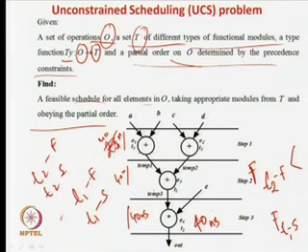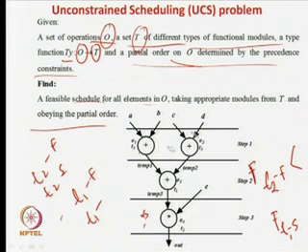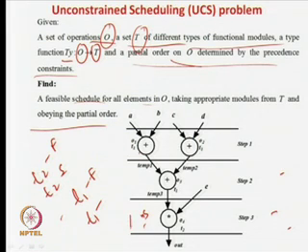If the adders are doing their job in 25 nanoseconds and instead of 40 I put 25 nanoseconds, the adders will not have a problem generating the output, but the multiplier will not be able to do its operation and will be in an inconsistent position. So, we always say that the slowest guy will determine the length of the time step. In this case, let us say it is 40 nanoseconds, so everything will be 40 nanoseconds, and this will also be 40 nanoseconds.